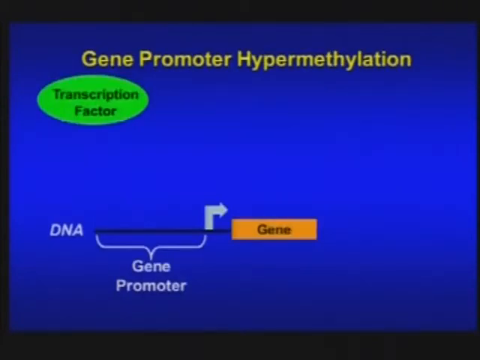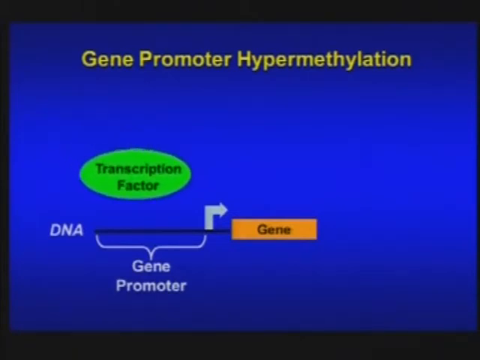Another common mechanism is that of gene promoter hypermethylation. So here's a stretch of DNA, and upstream of that arrow is the gene promoter. The arrow indicates where the DNA is made into messenger RNA.